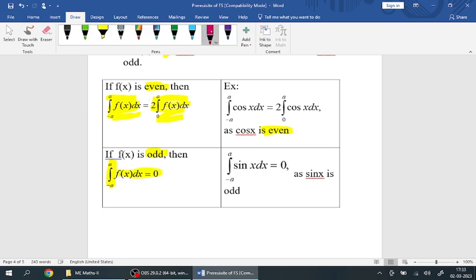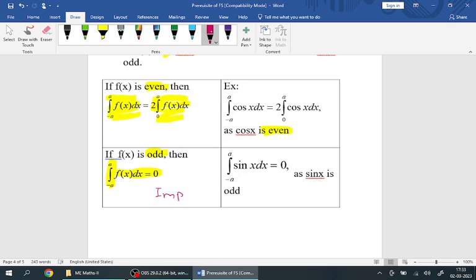Whenever we have the integral from minus A to A of f of x dx, it can go to 0, and we can get a few of the Fourier coefficients directly as 0, and that is the main benefit we get. Because of that, this concept of even and odd is very, very important. That will reduce your work in the exam.